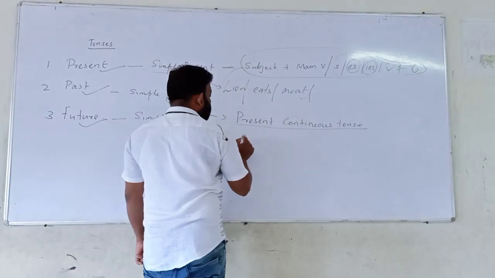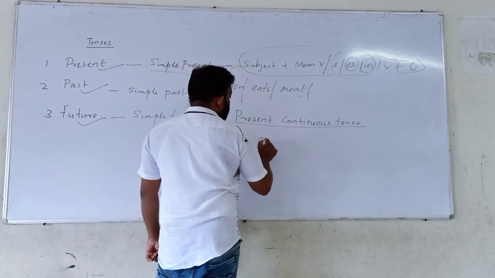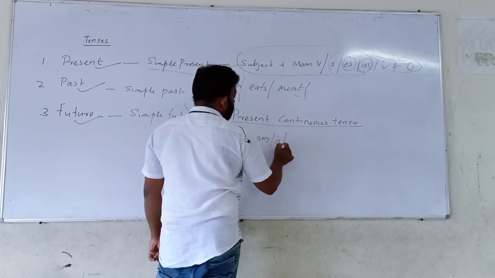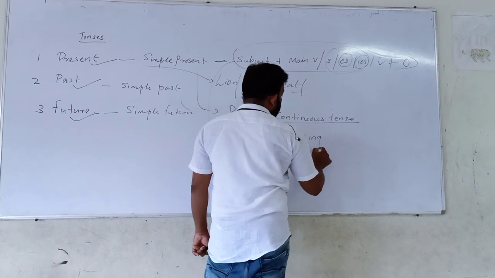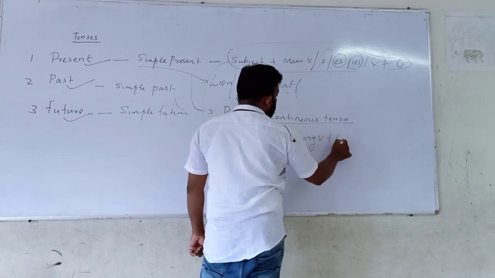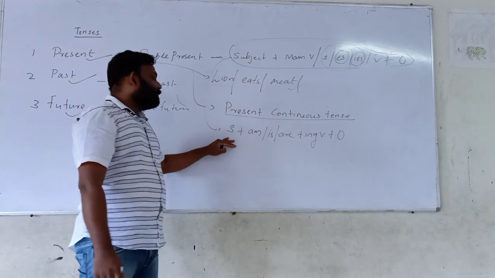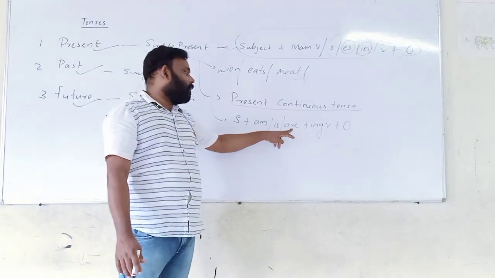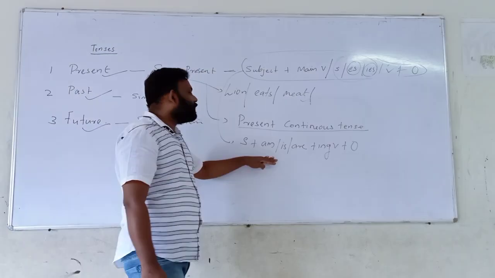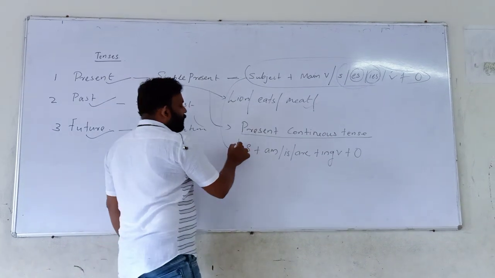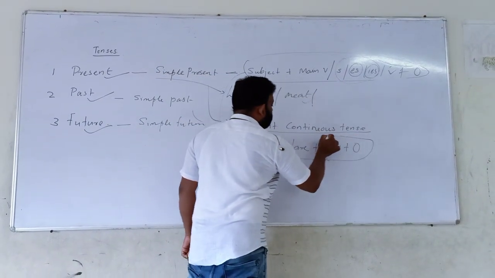That is subject plus am, is or are plus ing verb plus object. Subject plus am, is or are plus ing verb plus object.